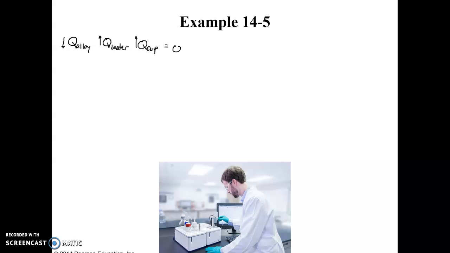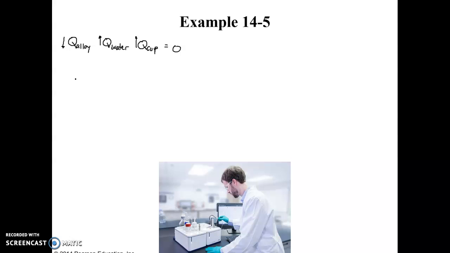And that's all going to equal 0. So we haven't lost any heat. The heat from the alloy is going to go into the water in the cup, and the total change in heat is going to be 0. It transfers from one material to the other, but we're not losing any in terms of the isolated insulated system.